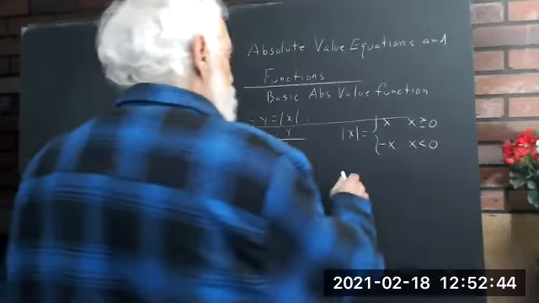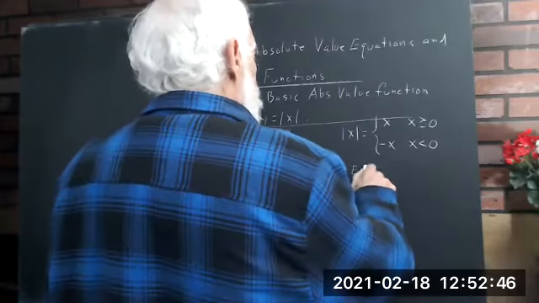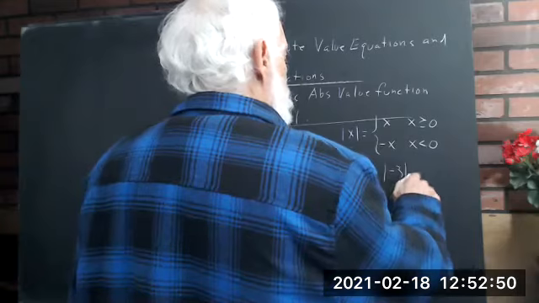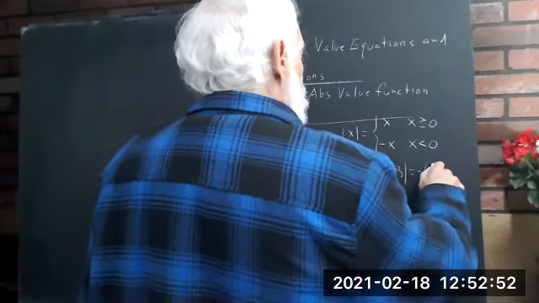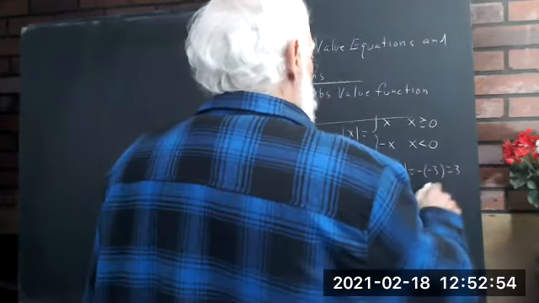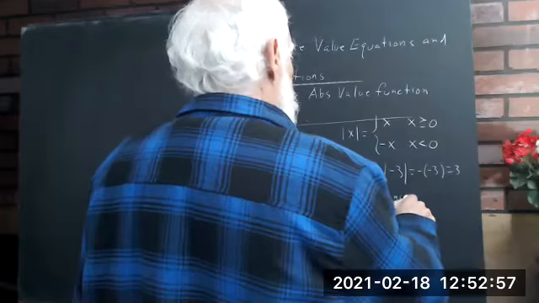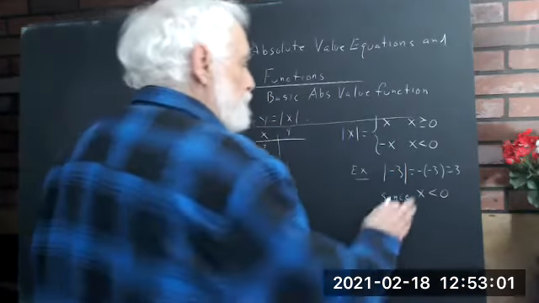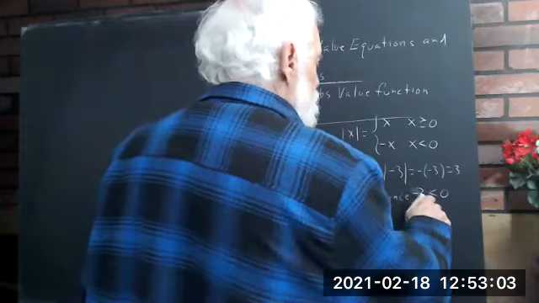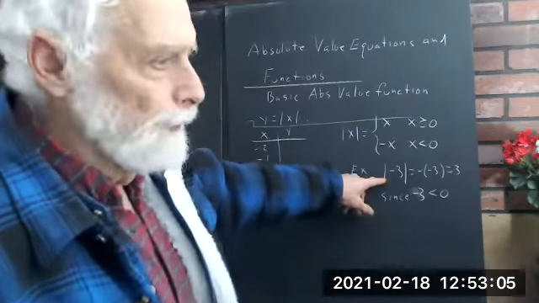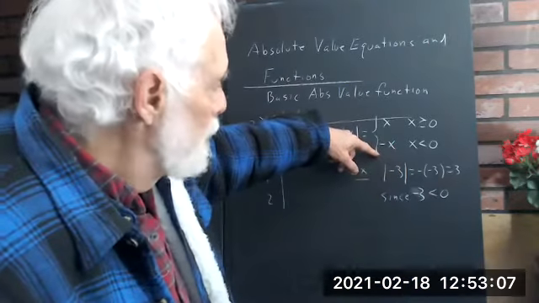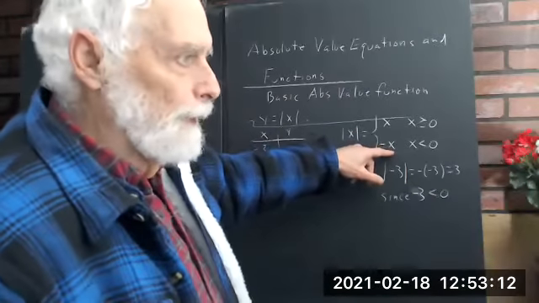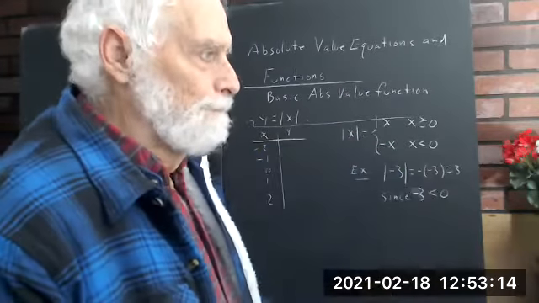So for example, since negative 3 is less than 0, you go to this definition, which tells you that the absolute value of negative 3 is negative negative 3, which is 3.